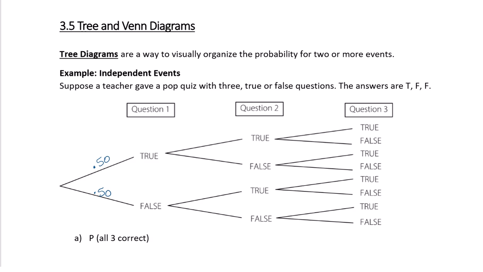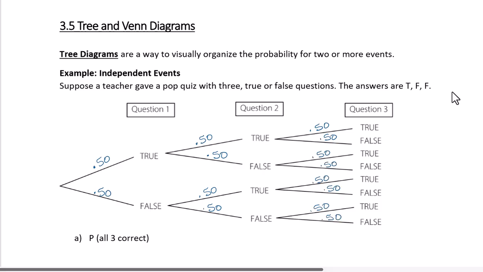If we answer the first question as true, that has no impact on the second question being true or false. So we have a 50% chance of being correct on the first one, or 50% chance of being correct on the false. Likewise, we can fill out every single branch with its probability.